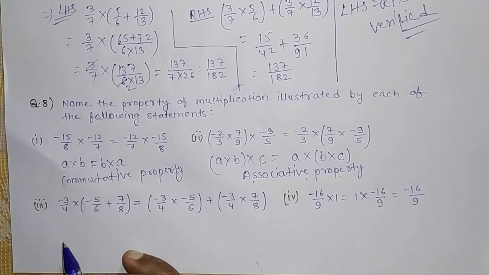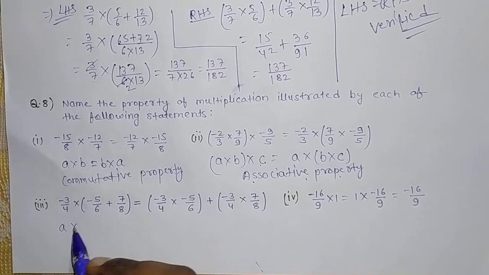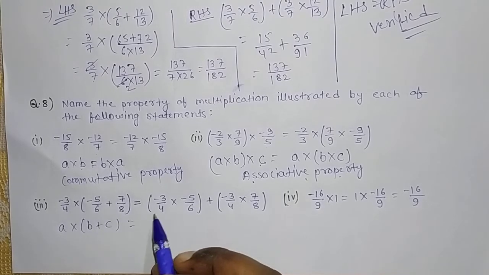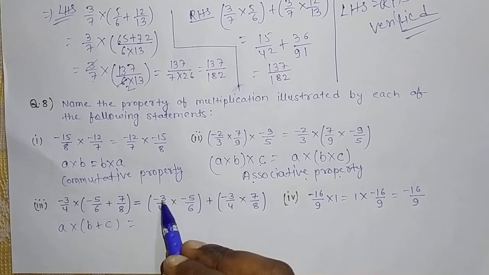Now question number 3. Let's suppose this is A into B plus C. A is minus 3 by 4.